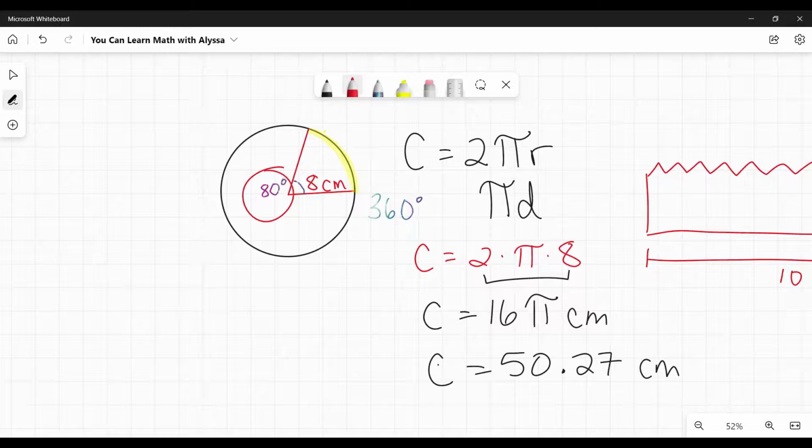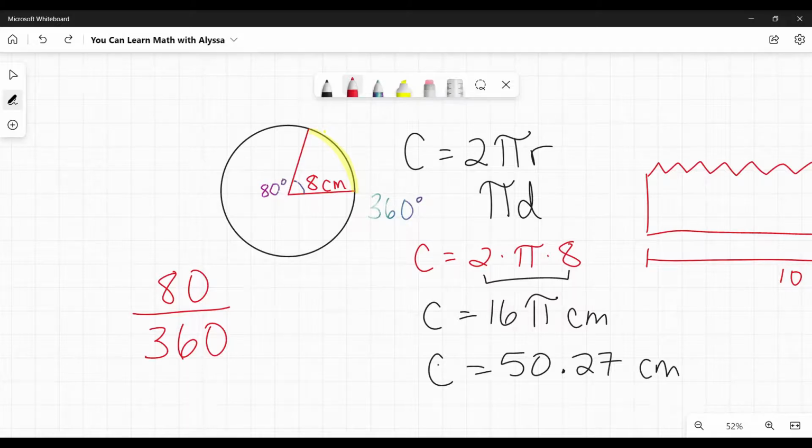So here it's 80 degrees out of, here's our fact coming back in, a total of 360 degrees. So it's 80 out of 360. That's our fraction. That's what we're going to multiply by the entire circumference of this circle.